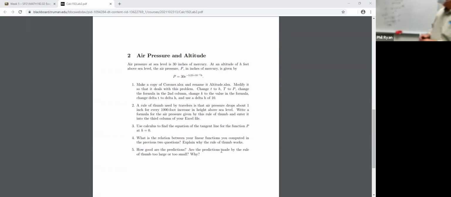So here's another situation where things decay exponentially. And that's with air pressure. So that's why when explorers go exploring off in the mountains, they take barometers with them.